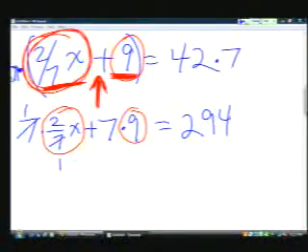Now, why can you cancel the 7, Jonte? Because they're the same number. That's a good answer. I like the answer. I love it, actually. They're the same number. Okay, I'm going to put 7 is really 7 over 1.